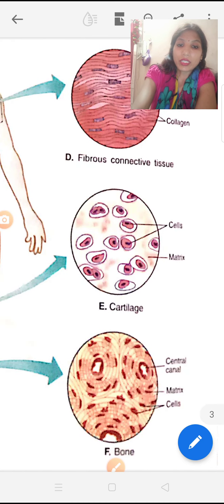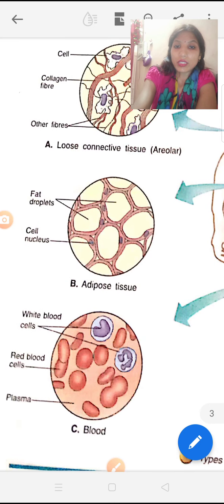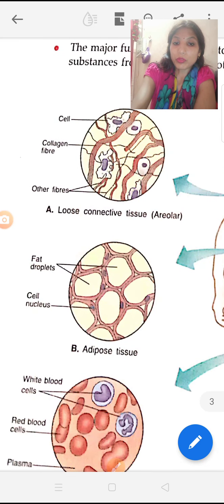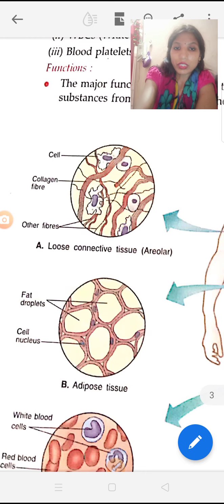And here are the diagrams of the different kinds of tissue. You can see these are the small diagrams, like the adipose tissue. I have told you the fat droplets are present, right? So here you can see. Then the loose connective tissue, areolar. I just told about the collagen and the other fibers, right? So here you can see that is the collagen.